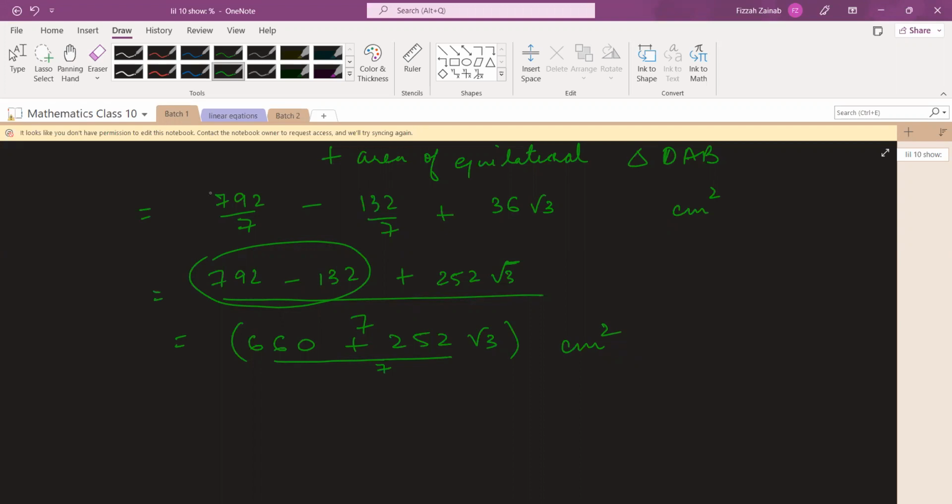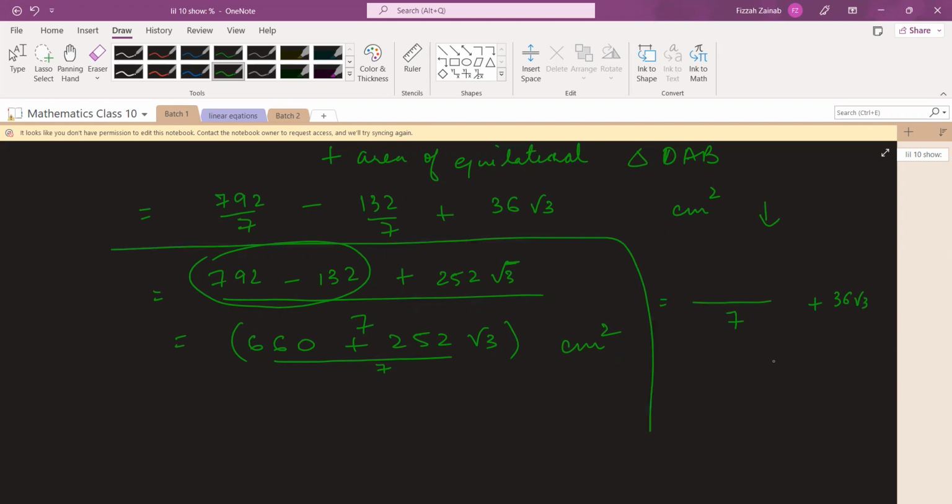Or you can do one thing here, after this step: you can just simplify the first two terms and not disturb the third term, because it's a different kind of term. In only the first two terms you can take LCM, and 36 root 3 you can write as it is.